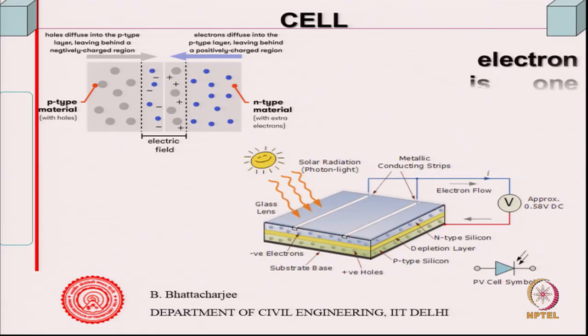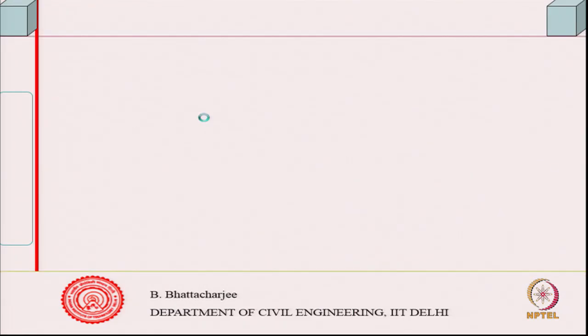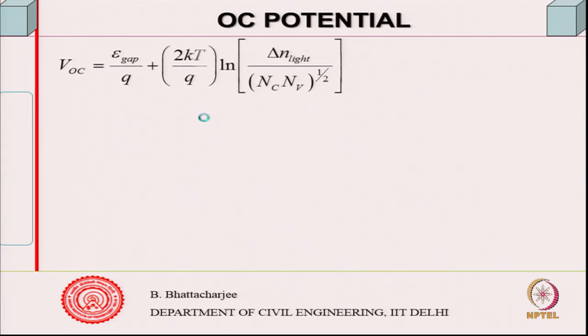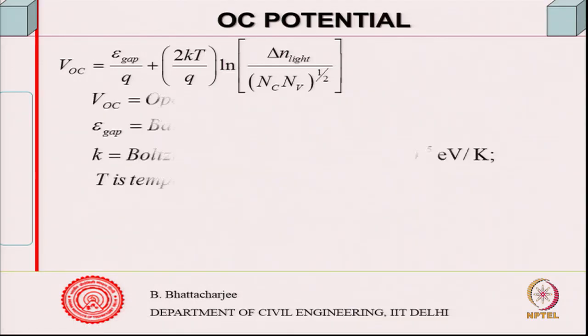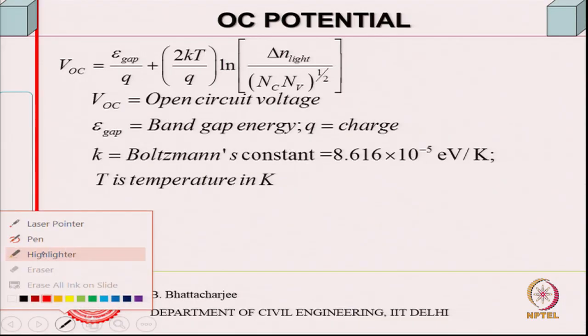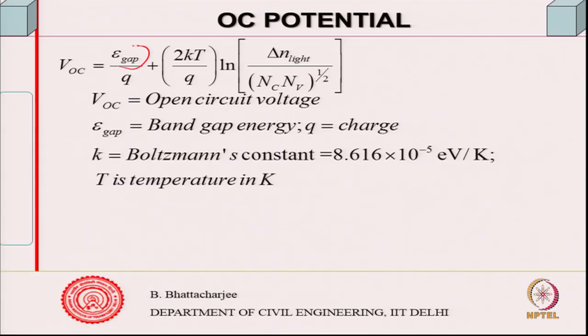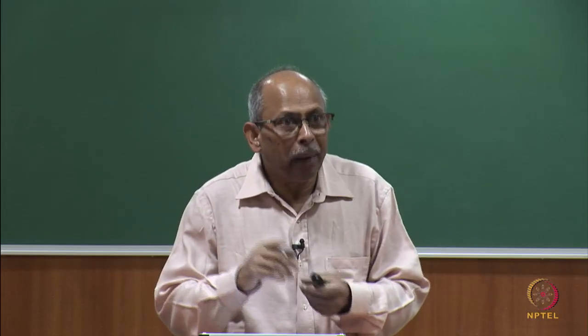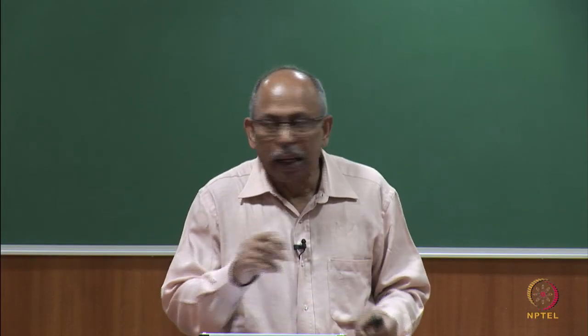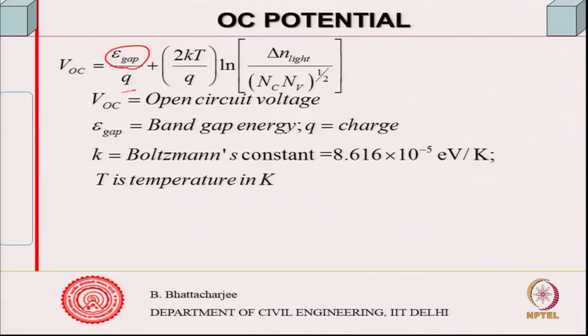I do not think I am going to look at it right now, and the expression for the open circuit potential is something like this. This is the band gap energy, because it would depend upon band gap energy, as we have discussed earlier, and Q is the charge.